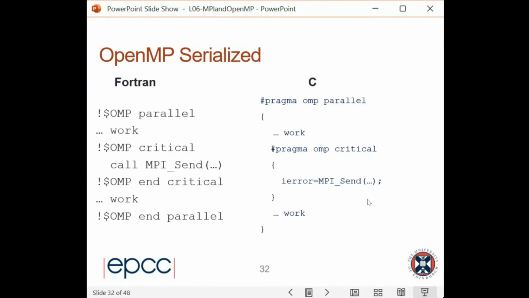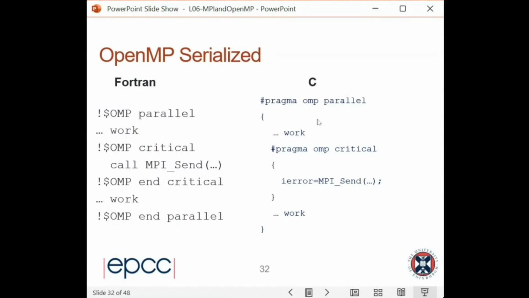Serialized is where, again, we have work. But in this example, we're saying that as soon as any thread has completed the work, it's okay to do the message passing. So the threads can do the message passing as soon as they get here, but we need to make sure that only one thread calls the MPI library at once, and that can be done quite simply in OpenMP with a critical region.